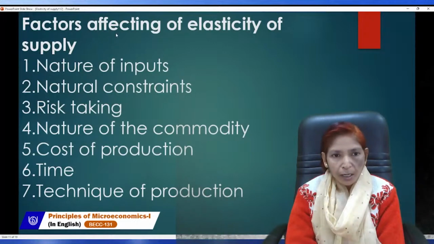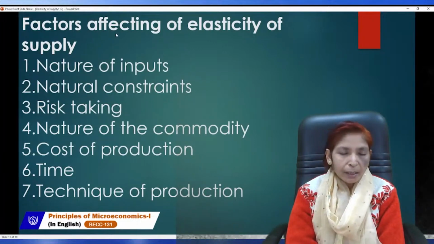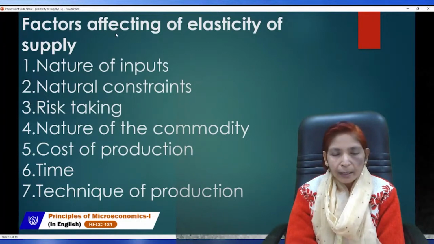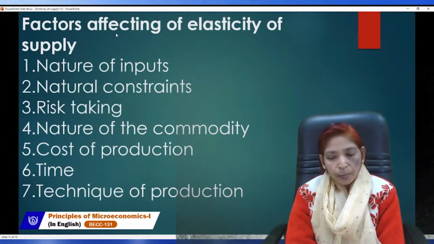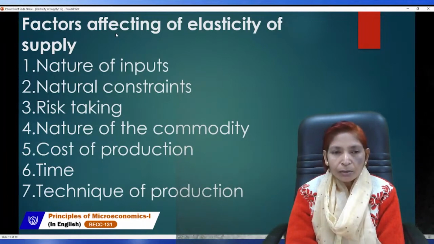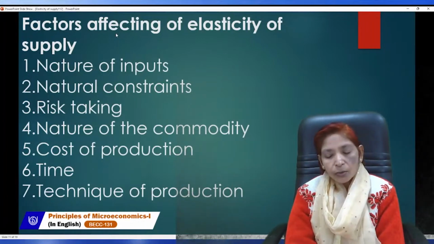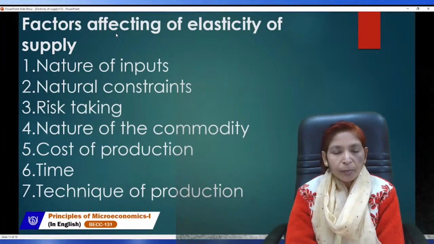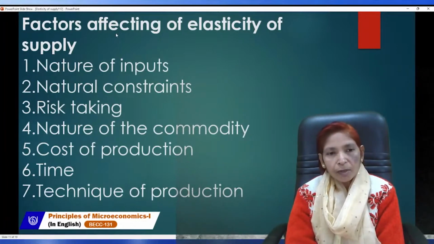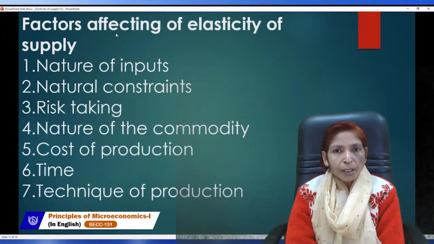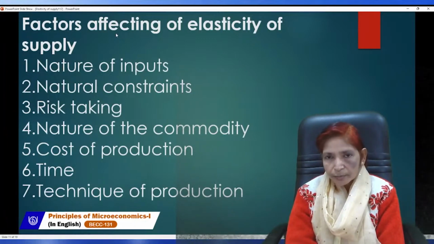If inputs are easily available in the market and at a lower cost, then production can increase. And if production can increase, it means supply can also increase. Due to a fall in the price of inputs or easy availability of the inputs, supply can change.